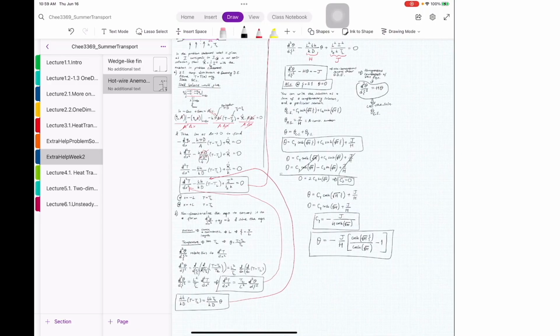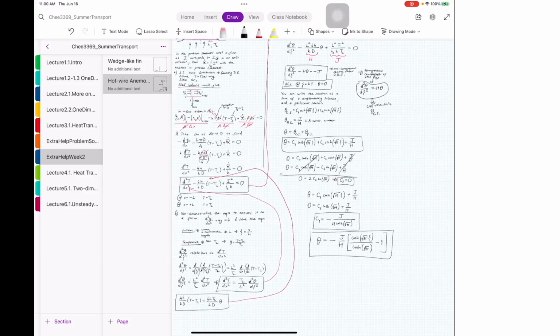No? We're running out of time. We're almost done, but for the sake of completeness, let me check the entire problem. In part C, compute the current in amperes required to heat a platinum wire to a midpoint temperature of 50 centigrade under the following conditions. So this might be a good exercise for you to do.